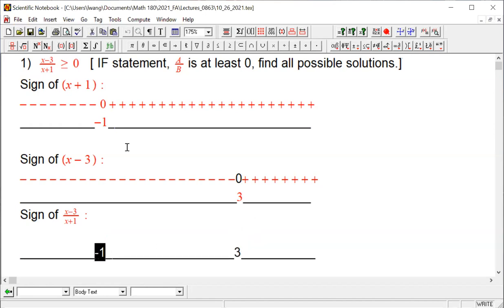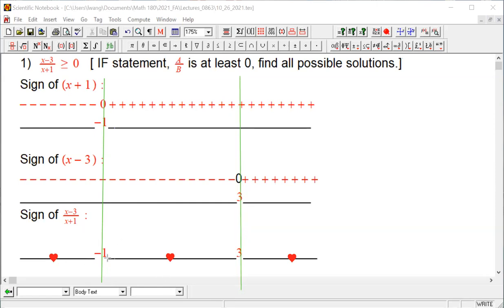When we pick a value less than -1, between -1 and 3, or larger than 3, we plug these numbers into each interval. These intervals are divided into 3 pieces, just like what we did yesterday.